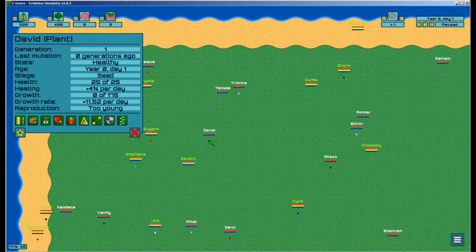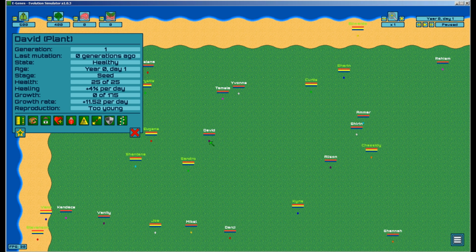Click on a plant, creature or meat to open the statistics window. From top to bottom, the plant statistics window displays the following details. The current generation. When the last mutation happened. The state of the plant. The age of the plant. The maturity stage.